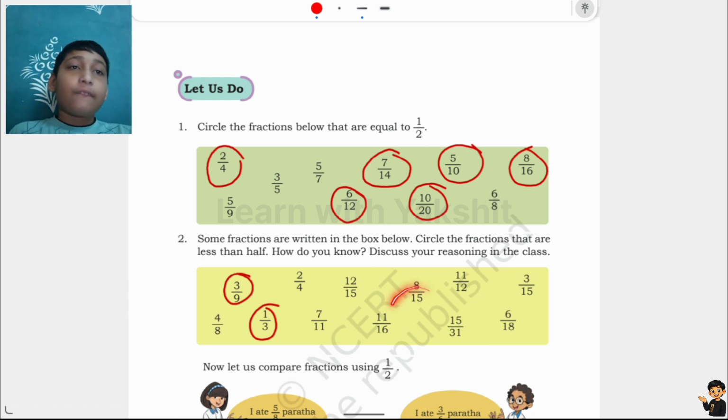In this, 15 divided by 2 is 7 wholes and 1 upon 2. Like that. But if we add 1 upon 2, it becomes 8, so it can't be. Next is the 31 upon 50.